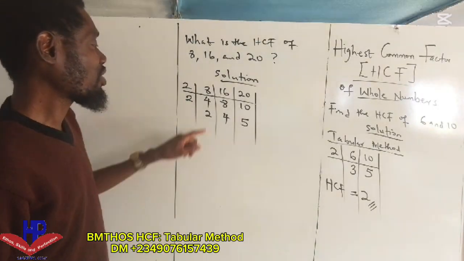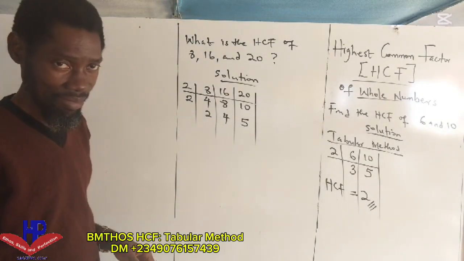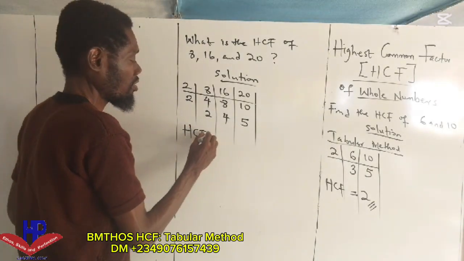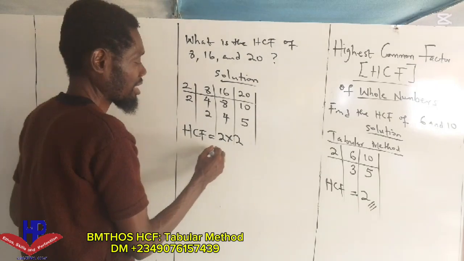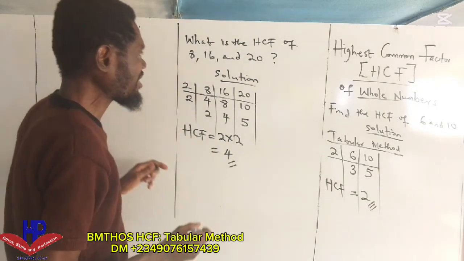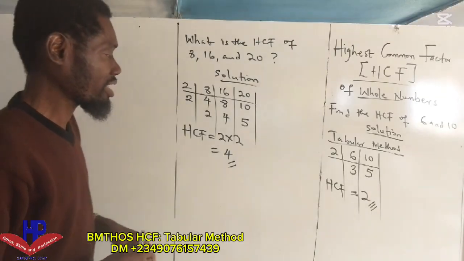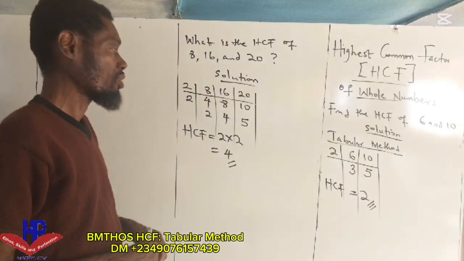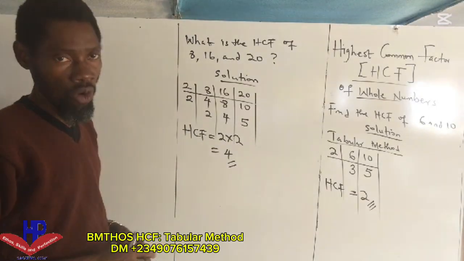So what can divide 2, 4, 5 at the same time? No number. So our HCF would be multiply these factors, 2 times 2. Our answer is 4. The highest common factor of 8, 16, and 20 is 4.